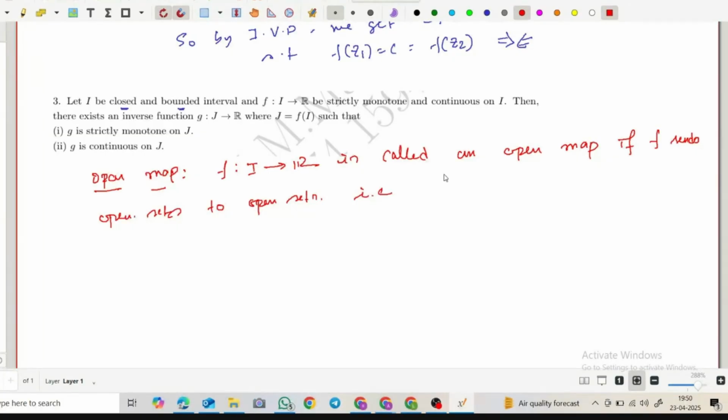That is, for U open in I, f(U) is open in R. Okay, that is the definition. Clear?